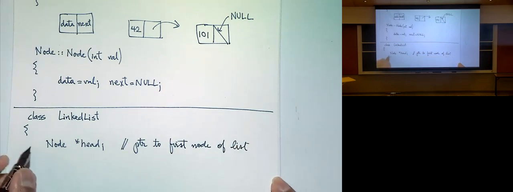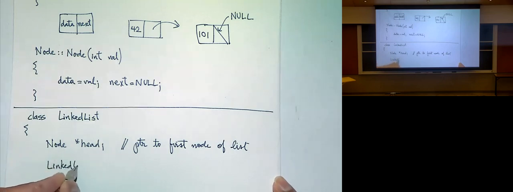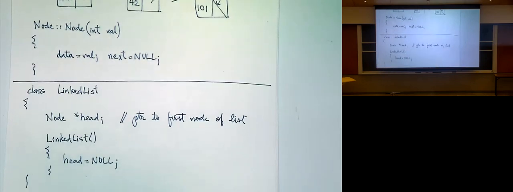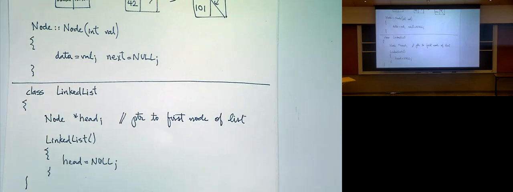And then the constructor, which I'll put down here: when you initially construct the linked list, it just sets the head to be null, and that's it. So this is the bare bones structure, right? This is how you're building it. Initially you have a node class.